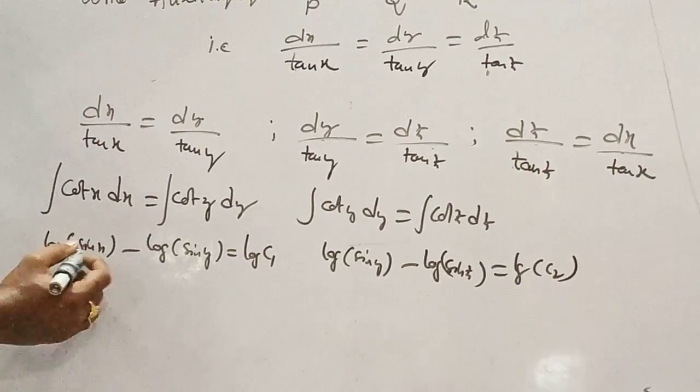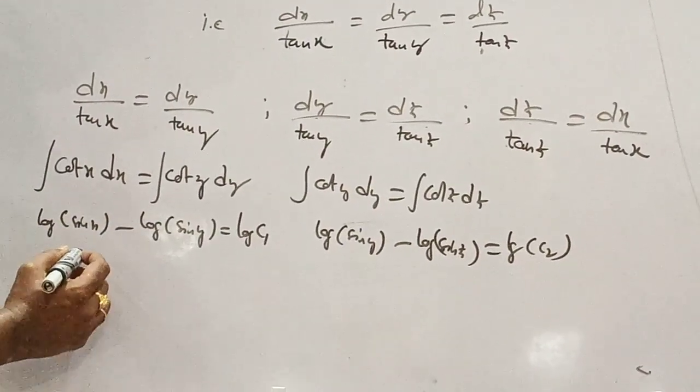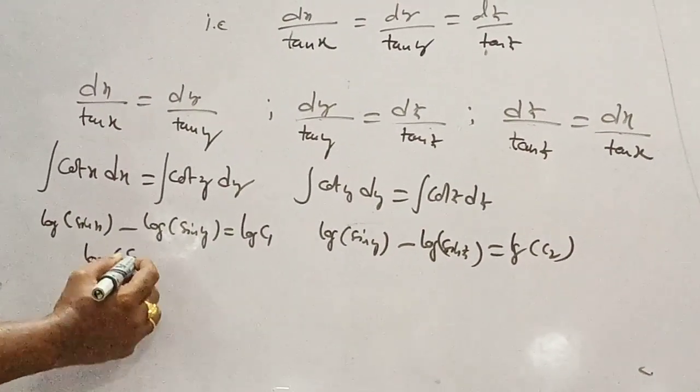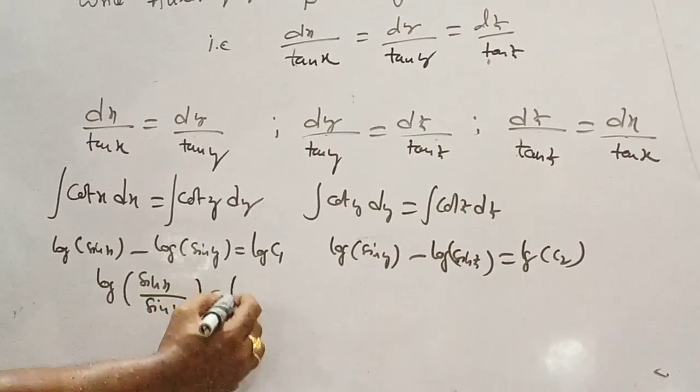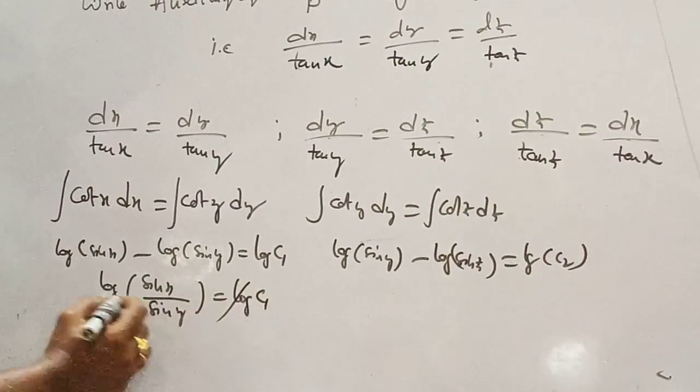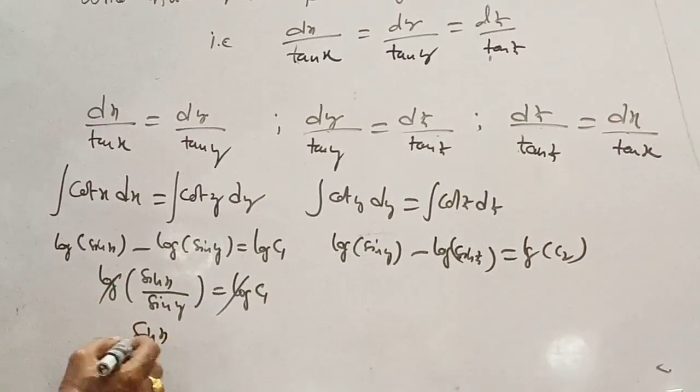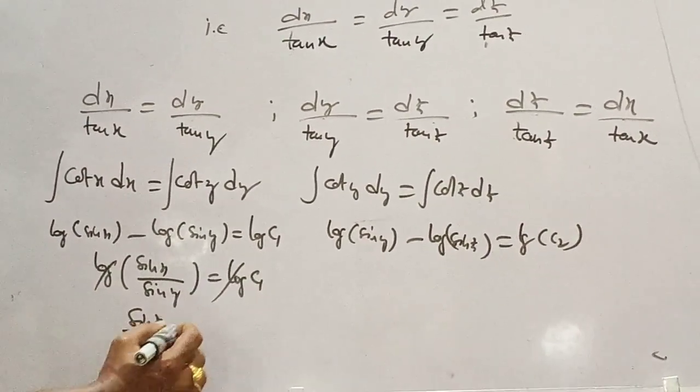Using the log a minus log b formula, log of sin x by sin y equal to log c1. Log gets cancelled: sin x by sin y equal to c1.